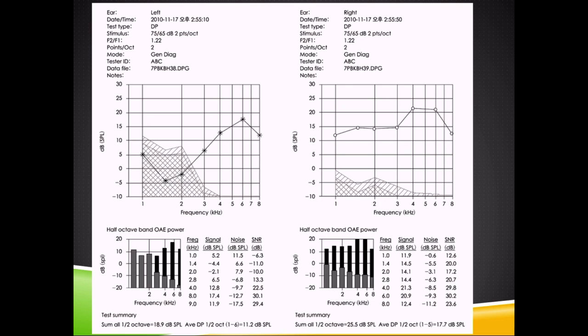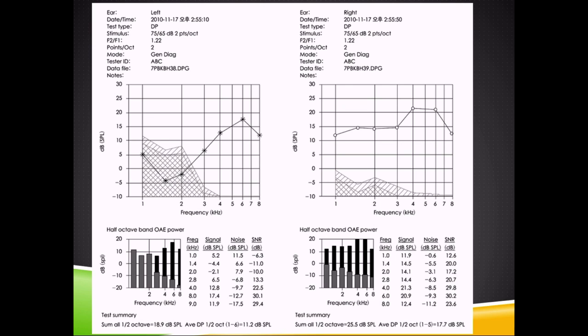It's charting the frequency that you measured along the bottom. Along the y-axis, it's charting in dB SPL the intensity of the otoacoustic emission itself. And then what you see in the cross-hatched area is the noise floor.